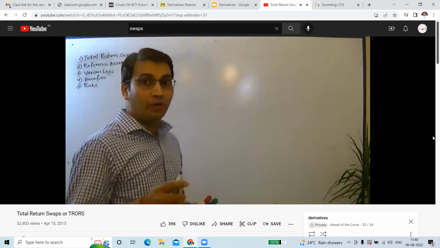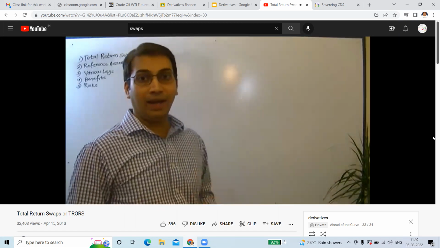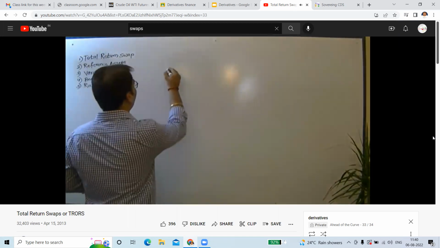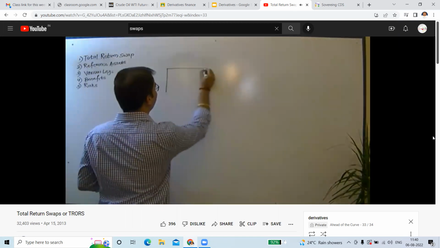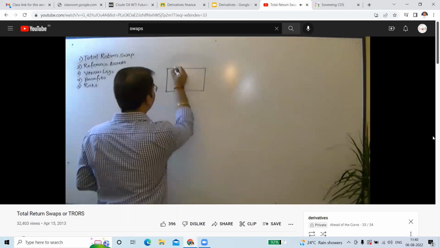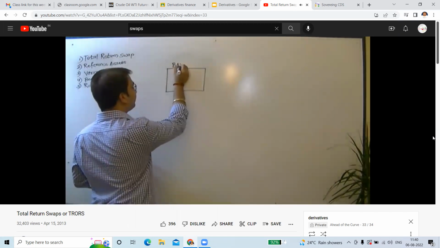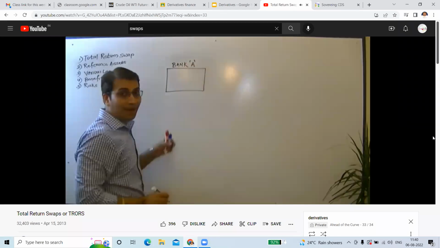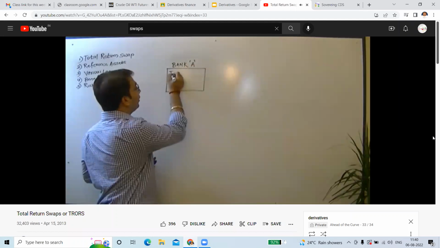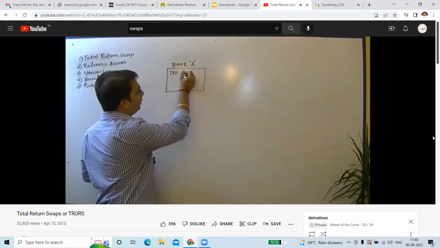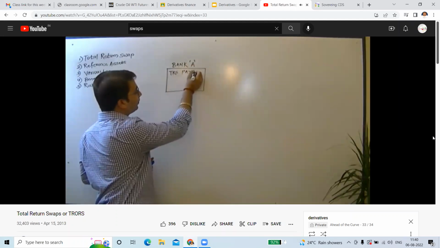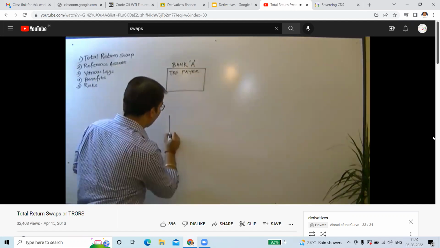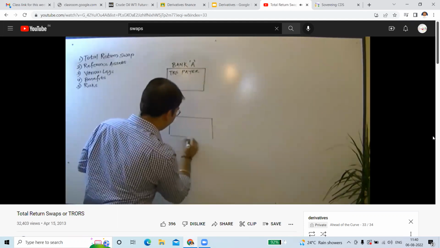So we are going to have two parties, a bank A and X, a hedge fund company. We will call bank A the total return swap payer, because this is the ultimate owner of this reference asset.